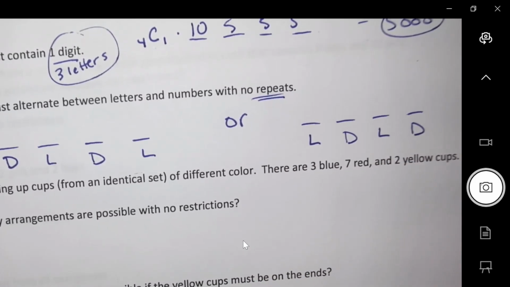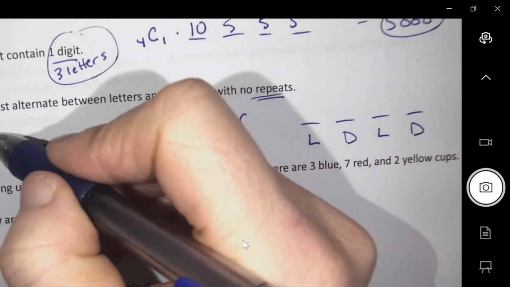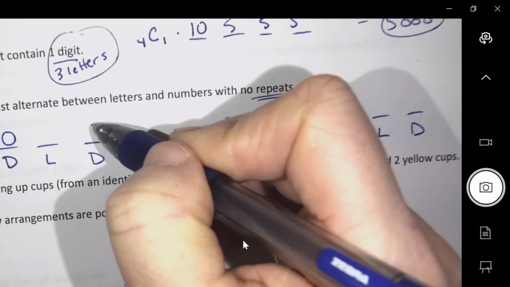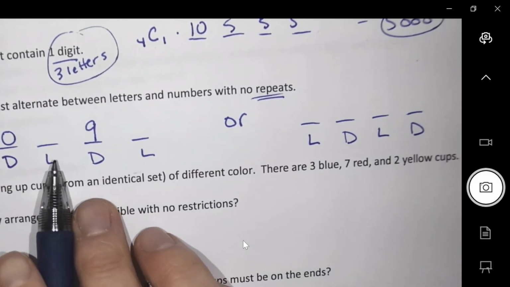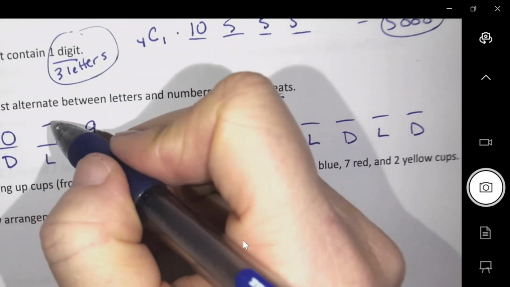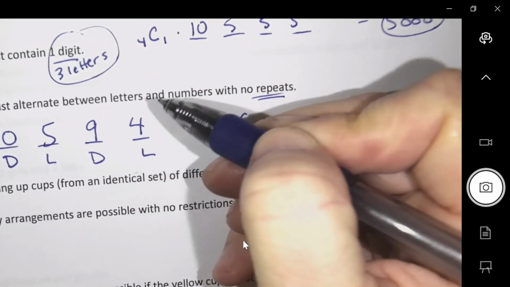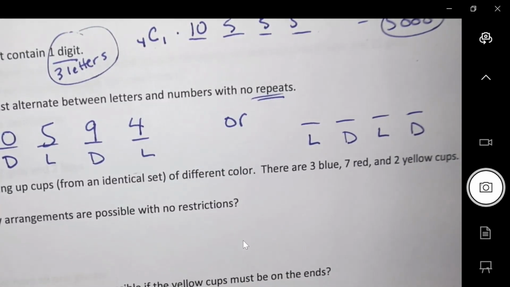No repeats. Okay, so digits, there would be 10 on that and then 9 on that. The letters, I have 5 letters and then 4 letters to pick from.